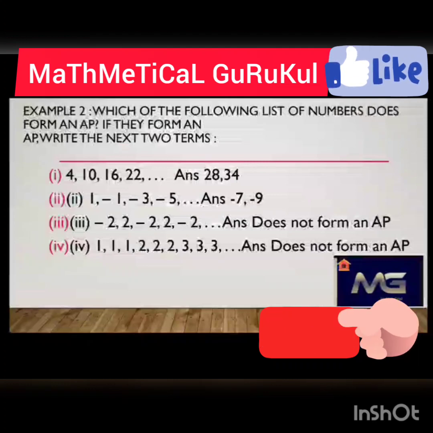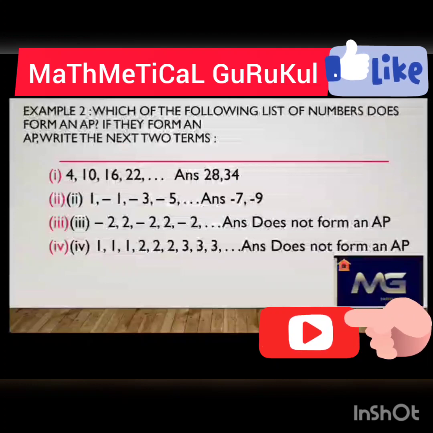Firstly, I number the terms a1, a2, a3, a4 of list 1. What is a1? 4, a2 is 10, a3 is 16, a4 is 22. When I subtract a2 minus a1, a3 minus a2, a4 minus a3, the common difference in all subtractions is 6.